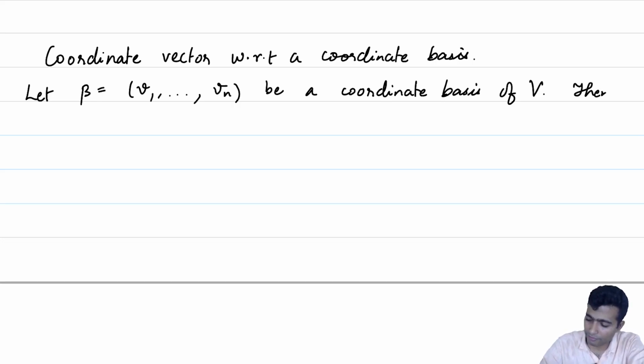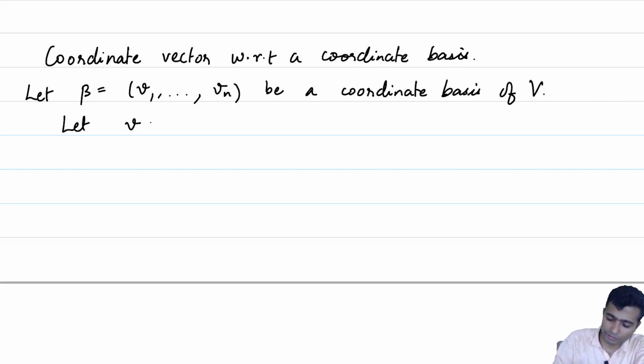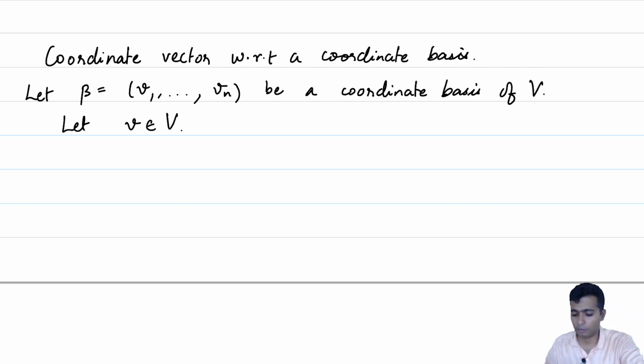Of capital V, a finite dimensional vector space. Then, let small v be a vector in capital V, and by one of the results we have proved earlier, we know that every vector in capital V can be uniquely written as a linear combination of V1, V2 up to Vn.